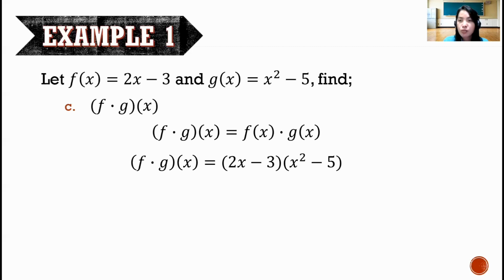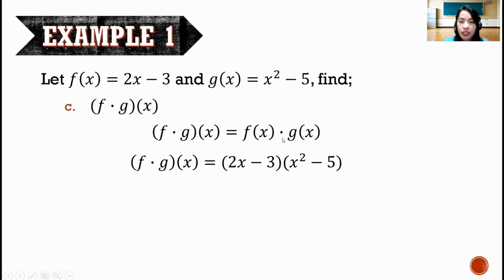So next step is to evaluate. You have to substitute the given values for f of x and the value of g of x, which is x squared minus 5. Ginamit ko na dito ay parentheses. And when you are using parentheses, ibig sabihin, you're going to use multiplication.